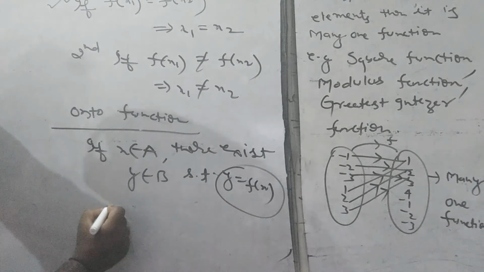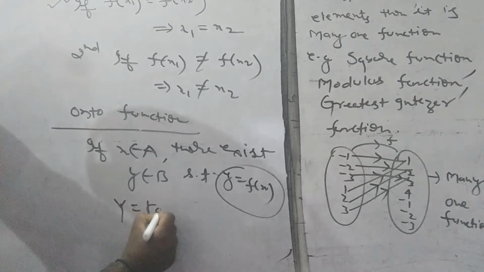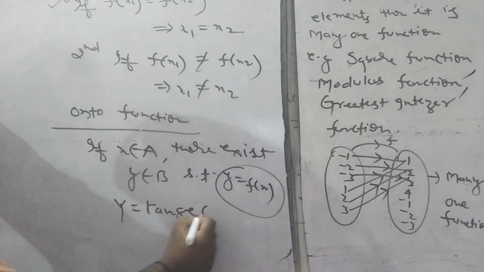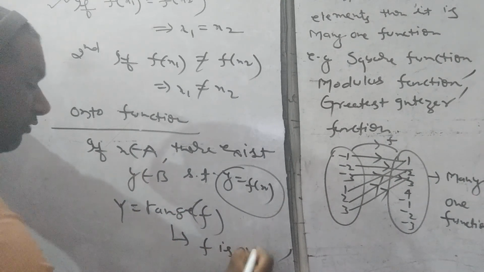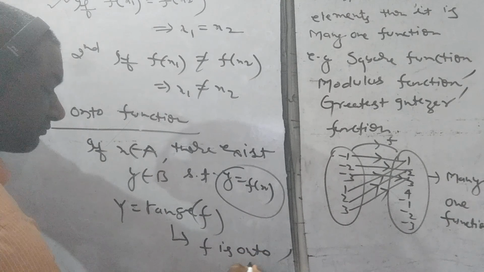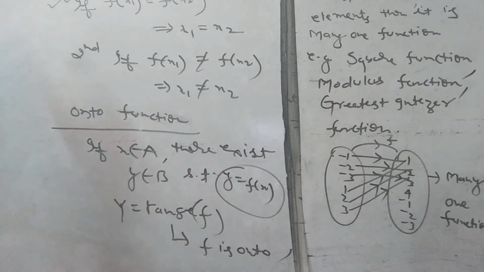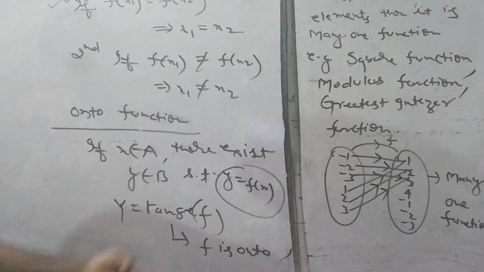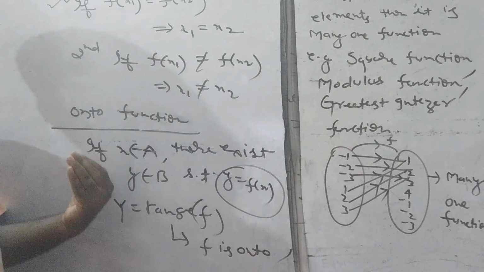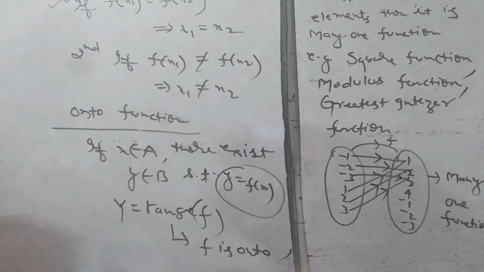Somewhere in a question it is written that y is equal to range of f. It also means f is an onto function. f is onto, because if y itself is equal to range of f, all the elements are covered, and it must be related to an element of set A. So it is onto function.